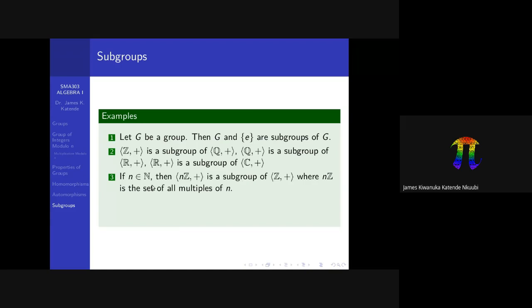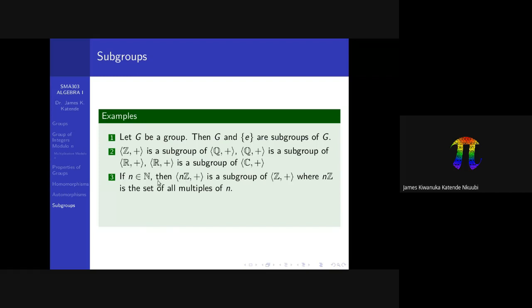The next one says if n is a natural number, then the set of all multiples of n is a subgroup of Z. The binary operation here is addition. We define this set nZ to be the set of all multiples of n.